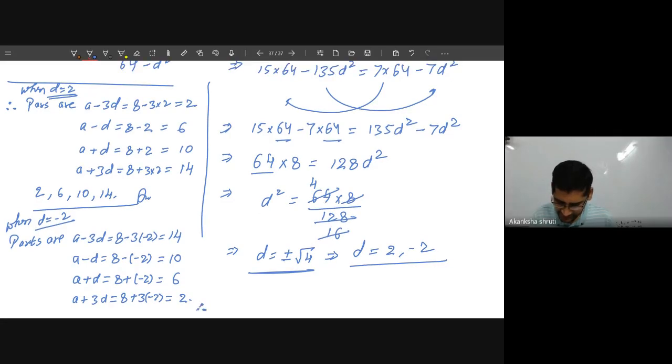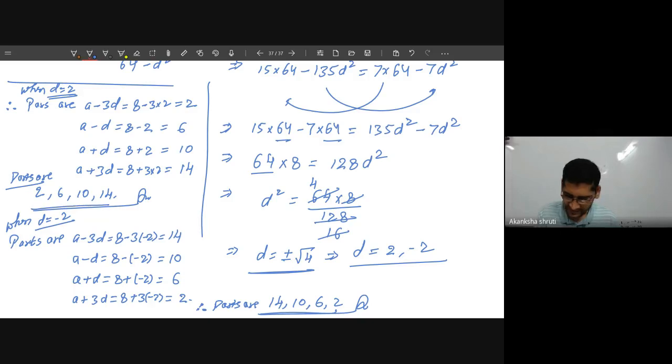So in this case, number or parts are 14, 10, 6 and 2. So this was the first way of getting the parts. So you are getting the same number but they are in the reverse order. So this is how to take 3 terms and 4 terms.